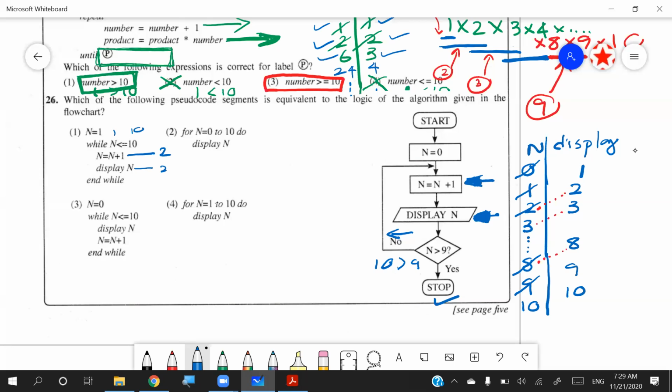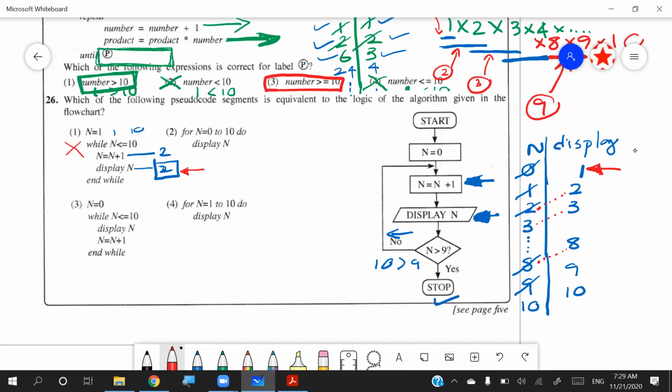So this will display 2. And there we have a problem because our display starts from 1, but here it is going to start from 2. So it is incorrect because of this.